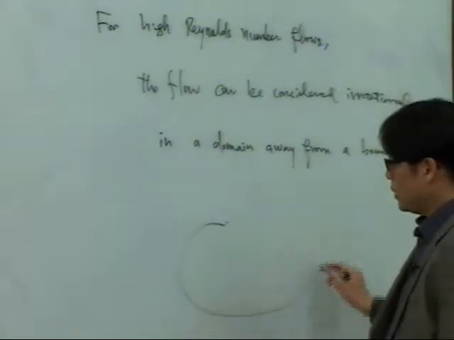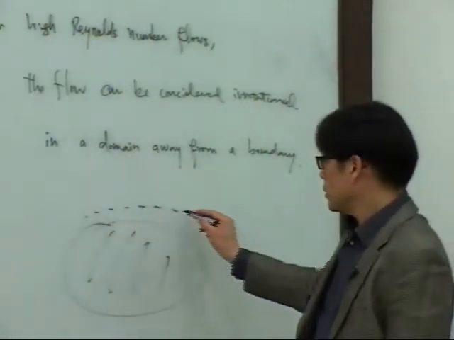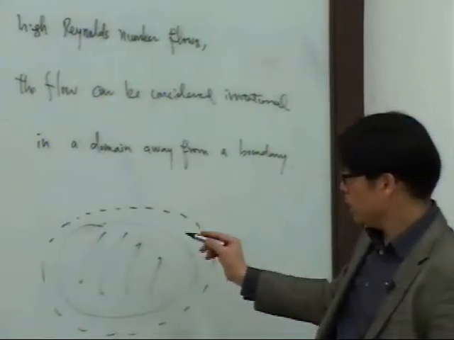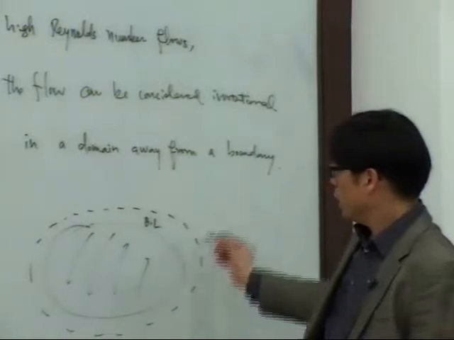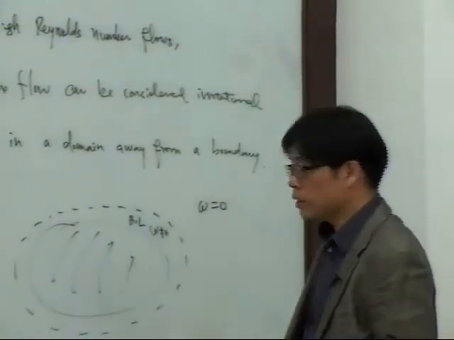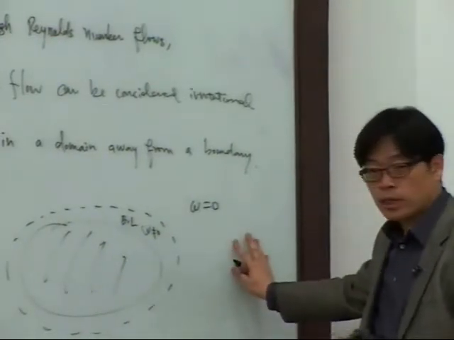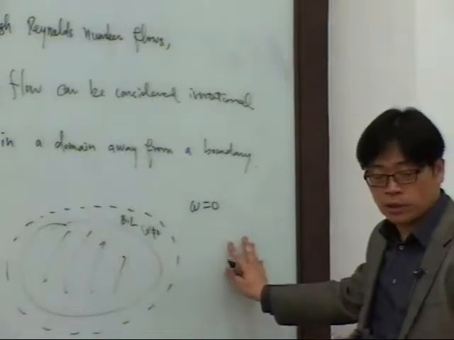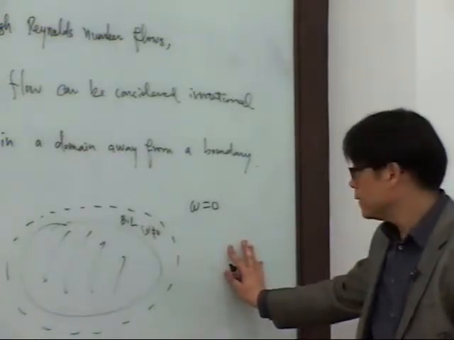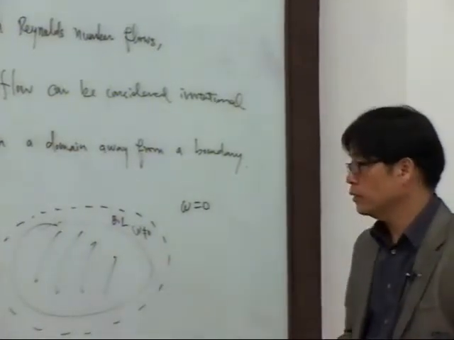So in other words, if this is the object, there is a boundary layer near the body, and here omega is equal to 0, and here omega is not equal to 0. So if you look at the flow here, then you can think the flow is rotational. Okay? But here the flow is irrotational.